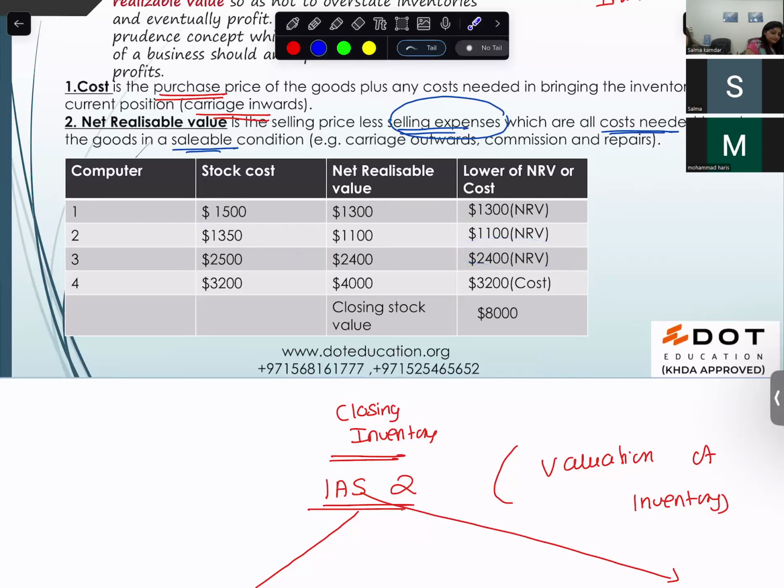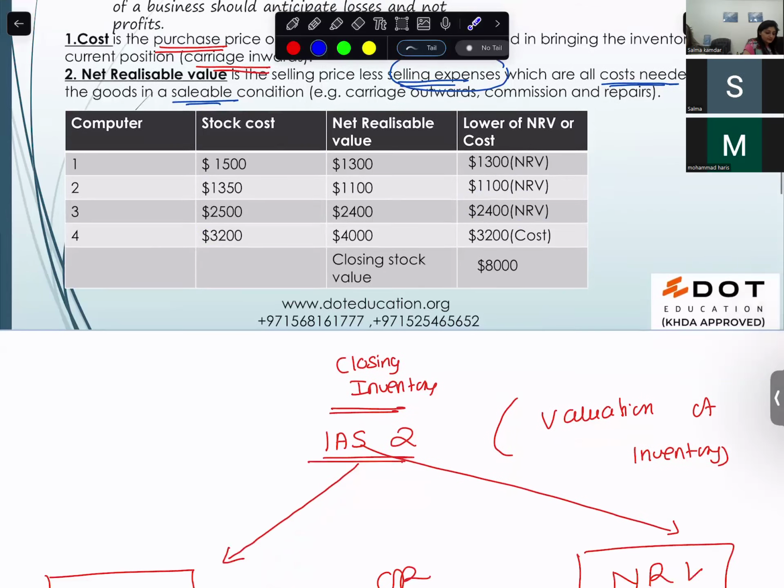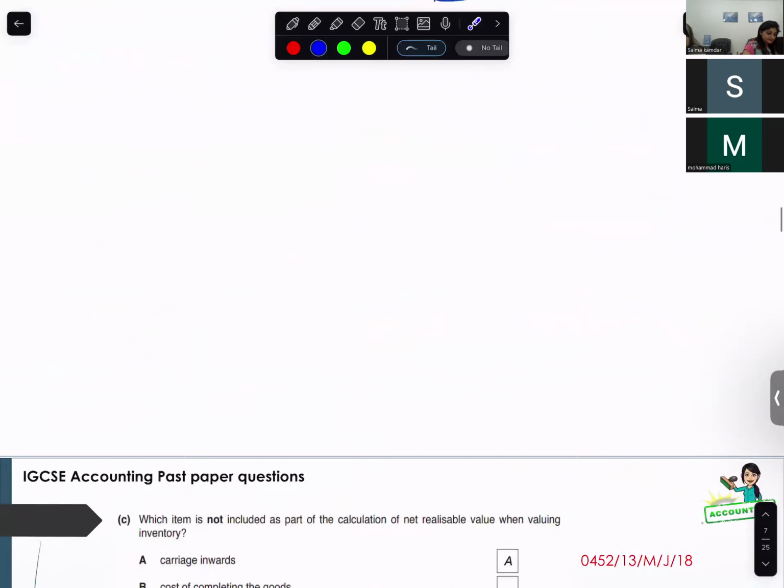Computer 4. We'll take the cost, because cost is lower. And the closing stock will be the addition of all these items. Are you with me? Yes, miss.